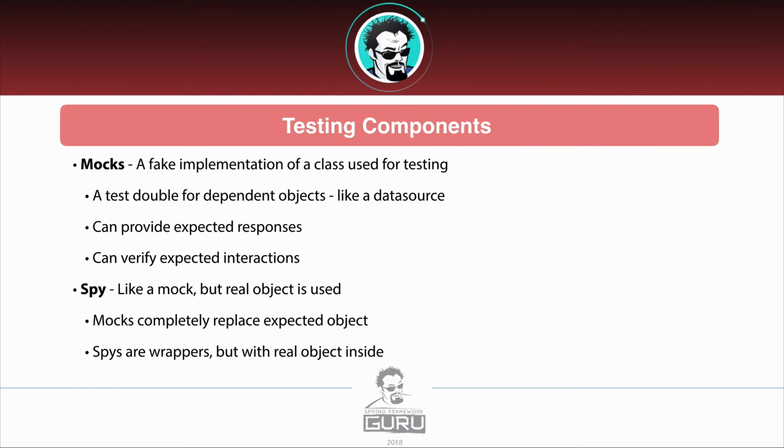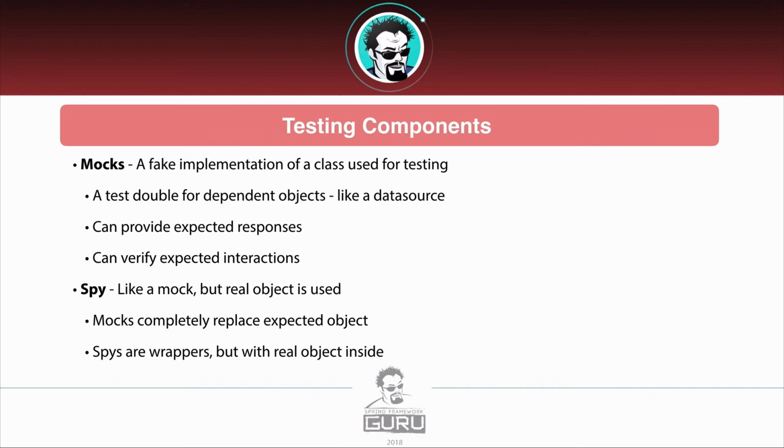A mock would be an implementation of that. So rather than getting a data source from MySQL using the jar to obtain it, I could write my own implementation of it and give back responses to my class that I'm expecting. So mocks can provide expected responses. They can also verify expected interactions. So a couple of important things about mocks.